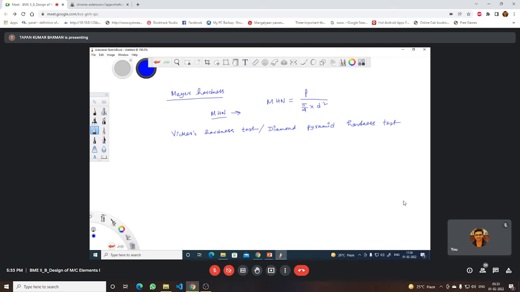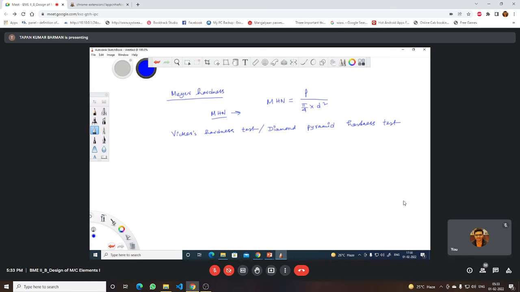Here, what we do, we use one square base diamond pyramid, and using this diamond pyramid, we indent the specimen.